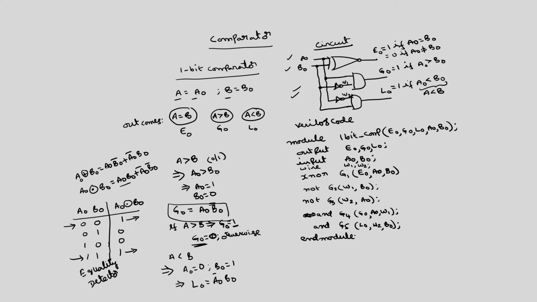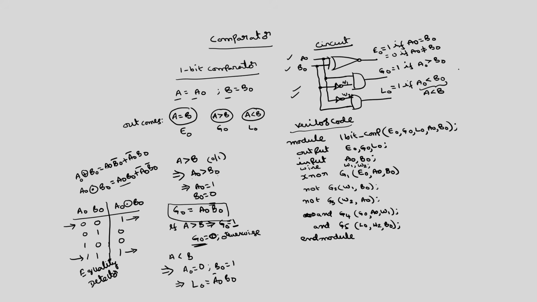This is a basic Verilog code corresponding to a 1 bit comparator. Okay. Now, in order to synthesize the circuit in an easier manner, we have to construct bigger circuits using smaller circuits.